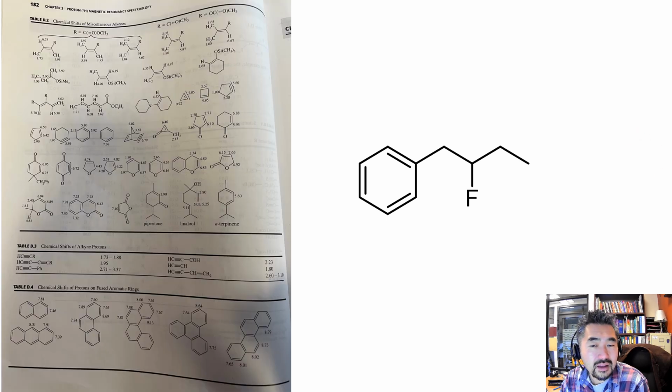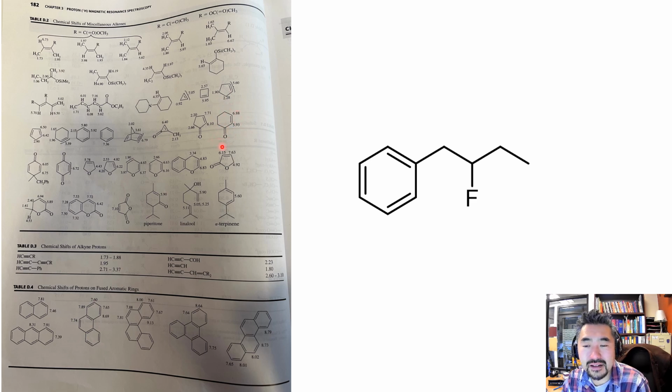Now, one more thing I wanted to add is that in this vicinity of these appendix tables and charts, you would see these schemes or charts with all these different example alkenes and aromatic rings and different groups of compounds. These tables are really useful because you can use them as an approximation.